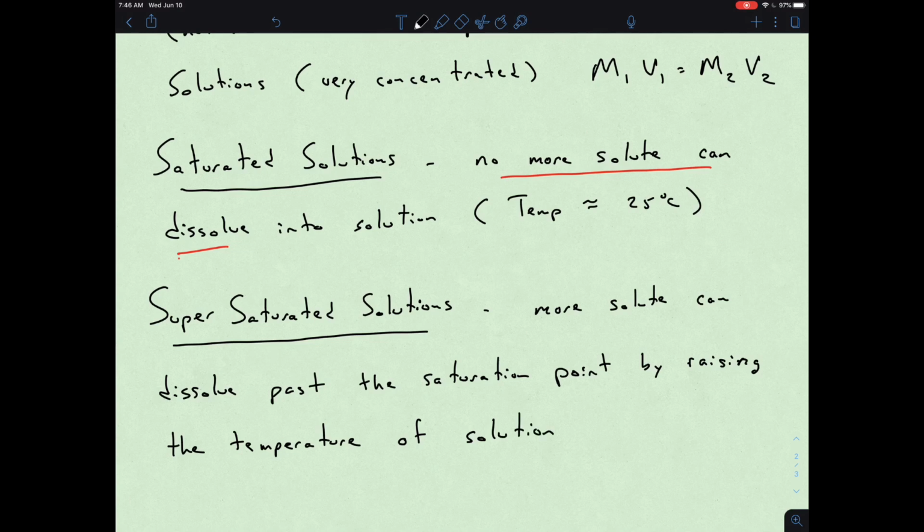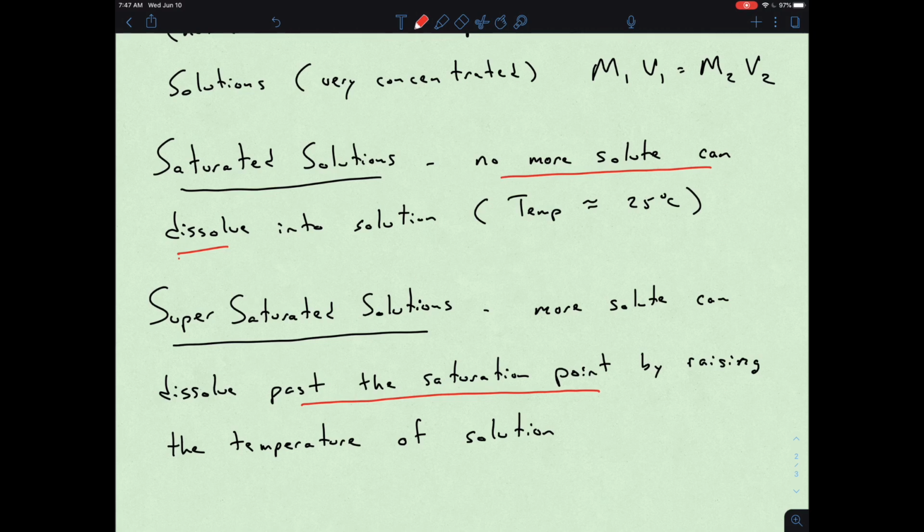So basically past that saturation point, and it kind of takes me back to when my mom used to make iced tea. She'd get the tea bags, hot water, and add a ton of sugar into the hot mixture. All the sugar would dissolve, and then she would pour it over ice and put it in the fridge. And you could literally see the sugar crystals precipitating out of solution as a result of that temperature shock.